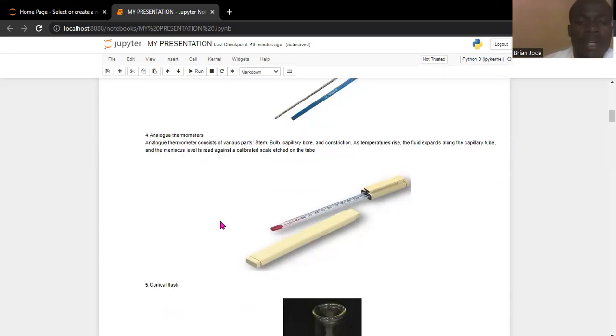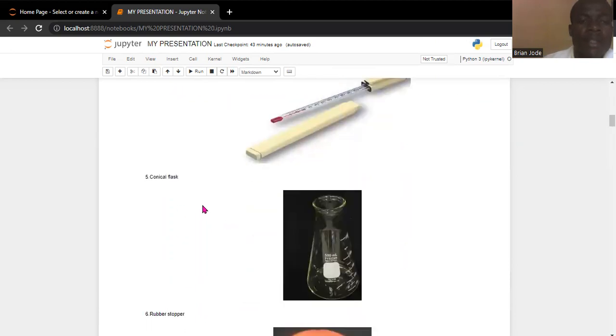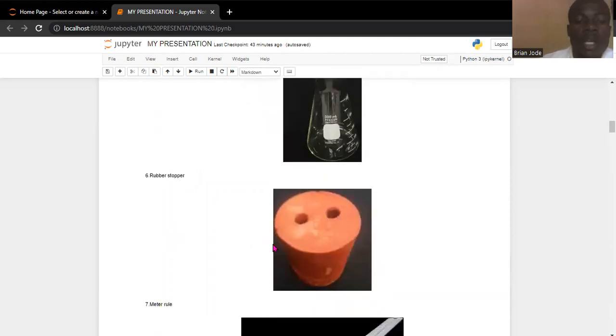We also have other apparatus such as the conical flask. The conical flask will be used to hold water when we are heating to generate steam. And we have the top cover of the conical flask, known as the rubber stopper. This will help us prevent or minimize heat loss when we are heating water to generate steam.